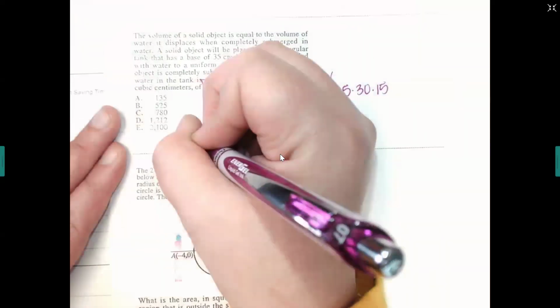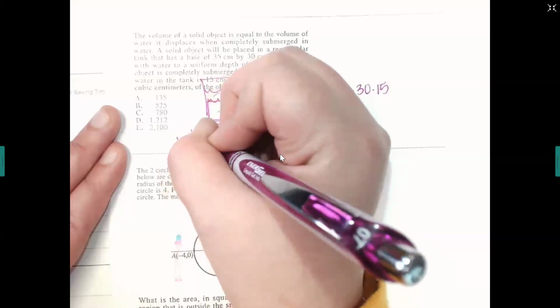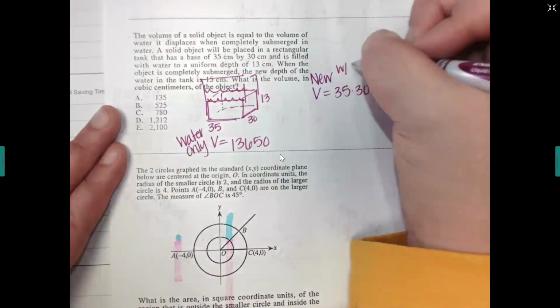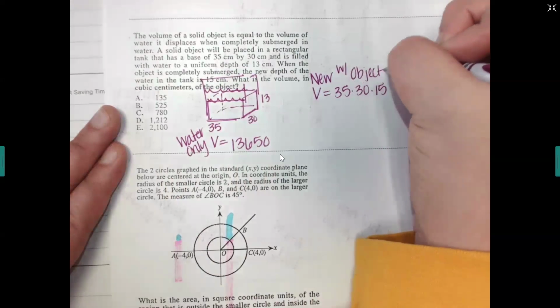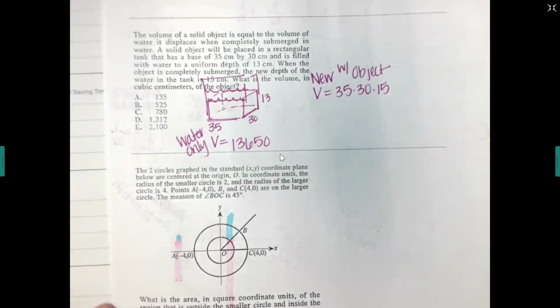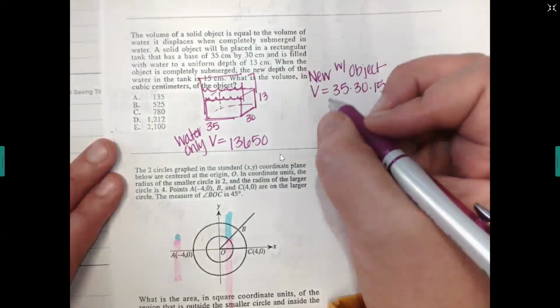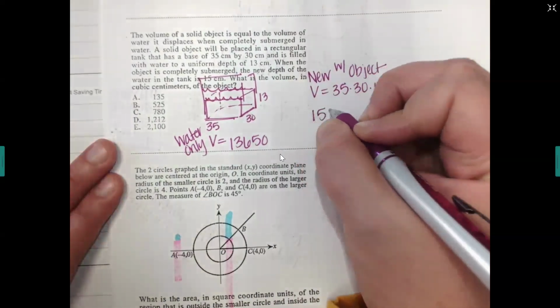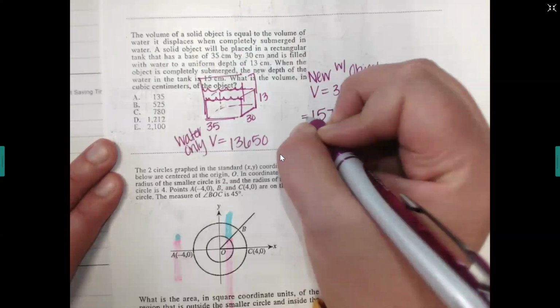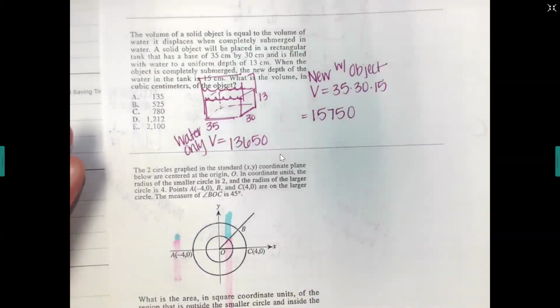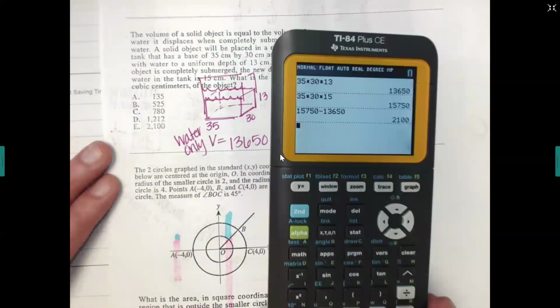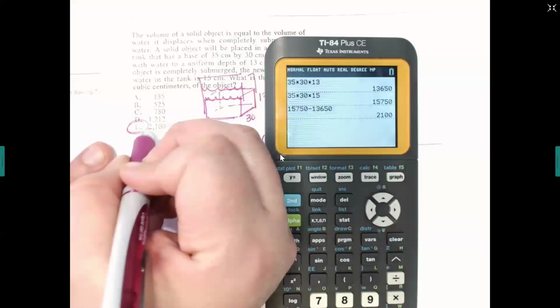So this is the water only, and this is the new with the object. Go ahead and calculate that number. 35 times 30 times 15. And then what are we going to do with those two numbers? Very good. Subtract. So I would do this minus that, and you would get 2,100.